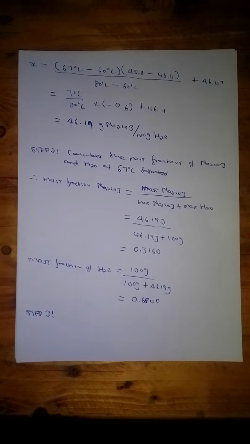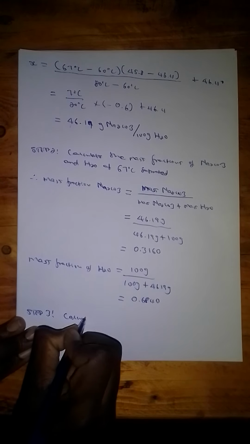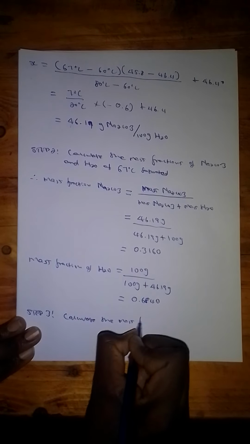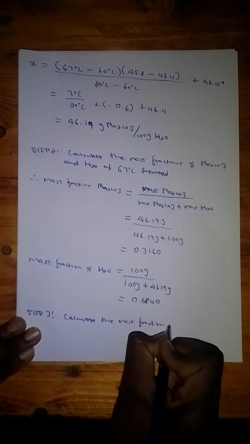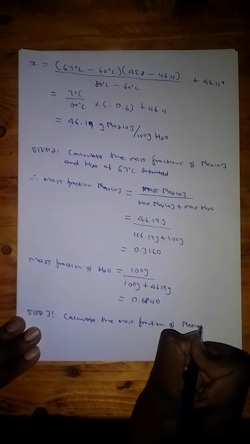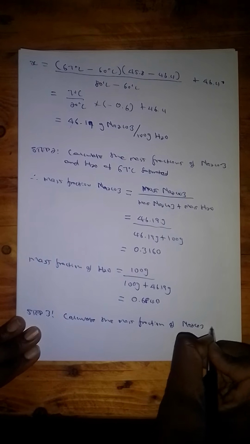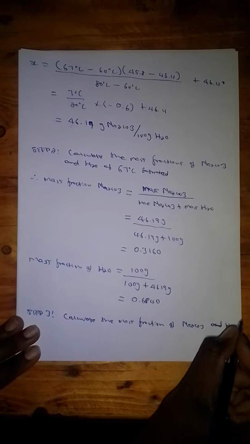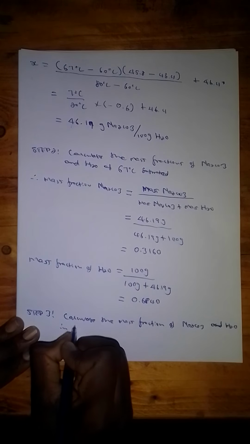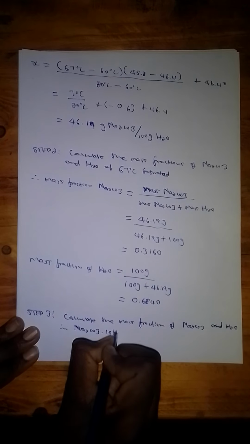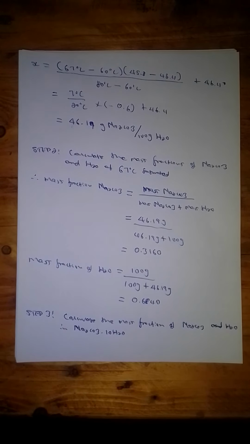So calculate the mass fraction of Na2CO3 and H2O in Na2CO3·10H2O. This is what we're going to be doing in our step 3.